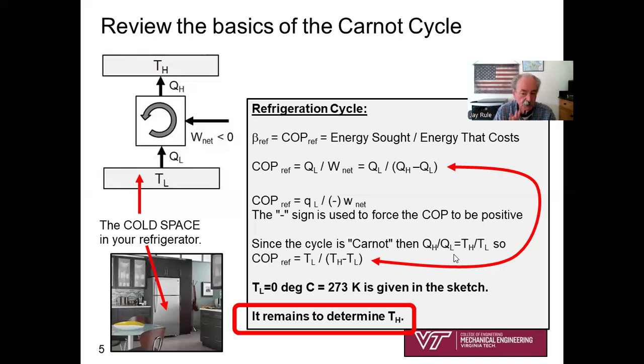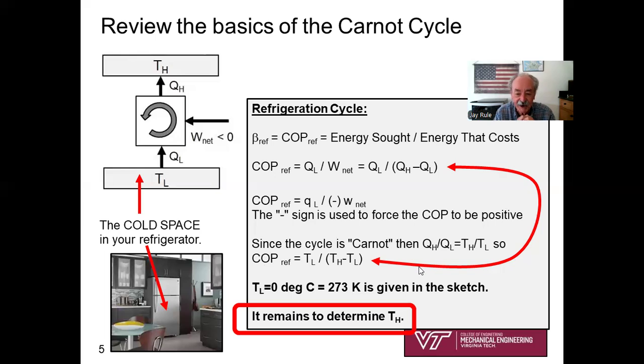It can be derived for a fully reversible cycle like the Carnot cycle. And so as a shortcut, I can replace Q's with T's in the coefficient of performance expression. So COP for a Carnot refrigerator is TL over TH minus TL.